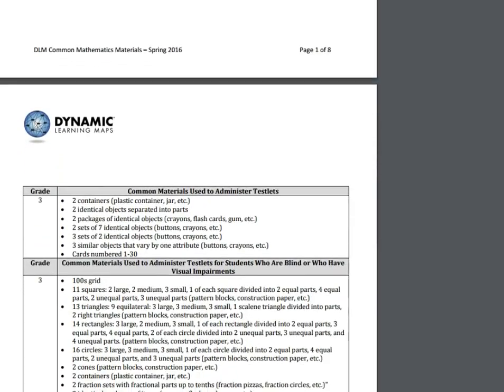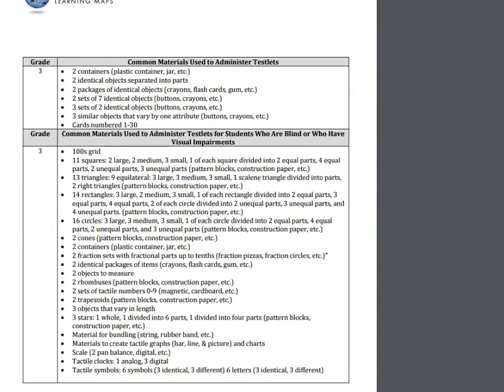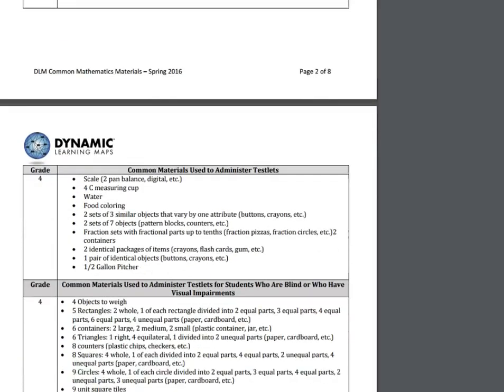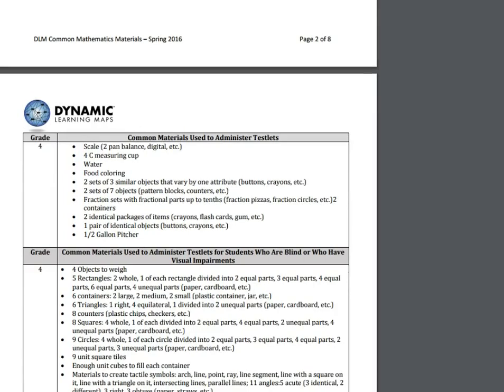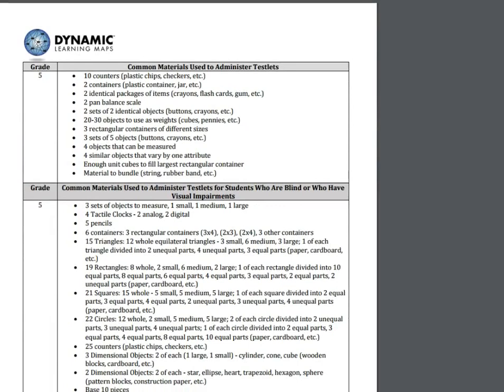It's just showing you common materials that might be used for administering assessments at different grade levels. So we look here at grade 3: plastic containers, 2 identical objects, packages of identical objects like crayons, flashcards, gum, etc. As you scroll through, it just gives you a sense of the kinds of things you may need. So that would help. Depending on what grade you're going to be assessing, you can glance at these and get a sense of the kinds of things you might need for testing.